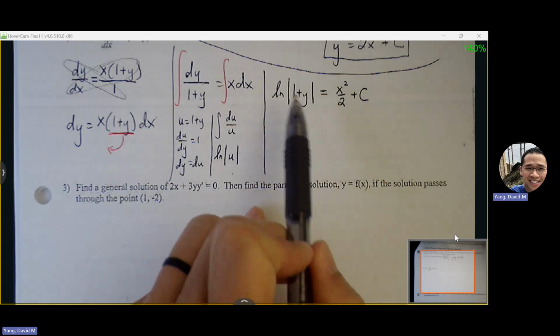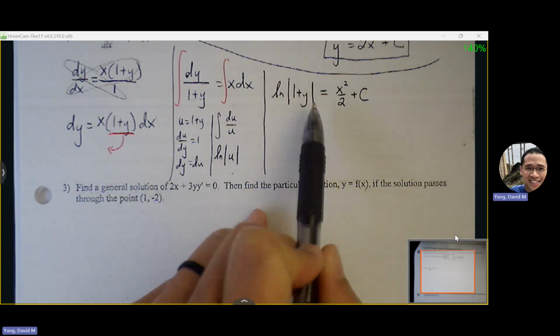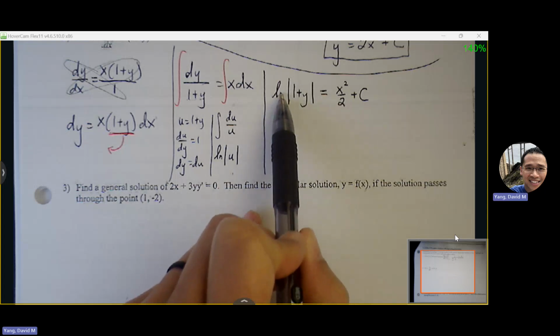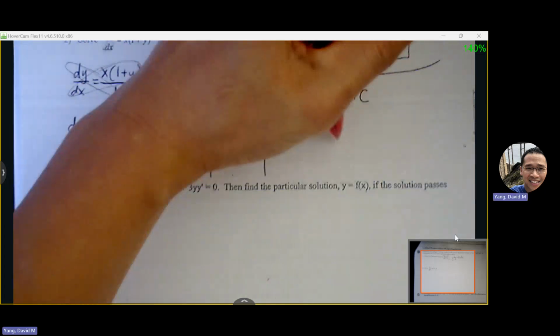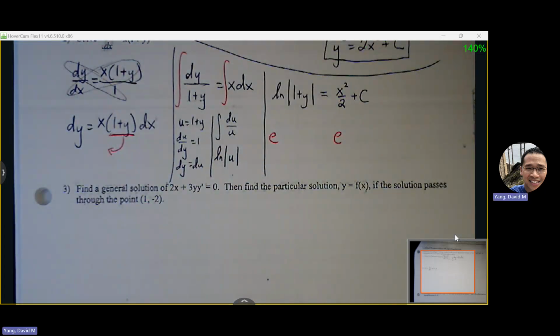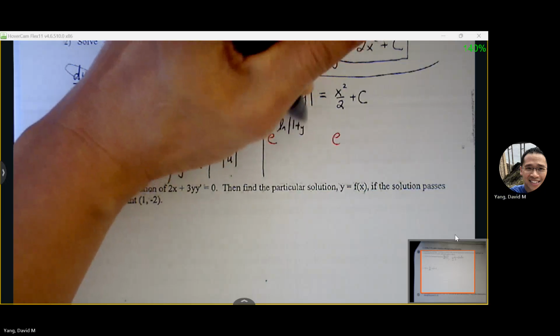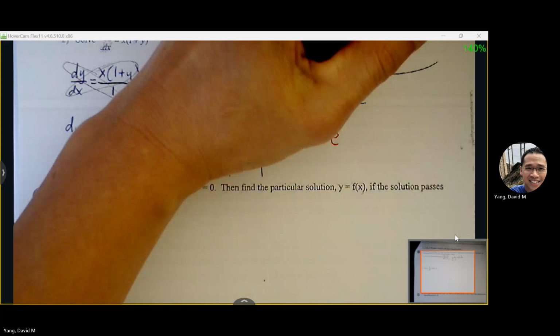The idea is I want to get to that y, but y is stuck inside the natural log. I'm going to raise both sides with base e because I know e and natural log have a way of undoing each other. I'm going to exponentiate both sides, raise both sides up as exponents. And anything I do to one side, I can also do to the other side as well.